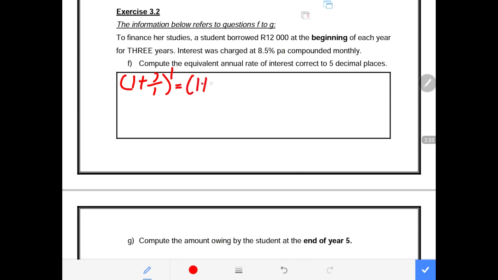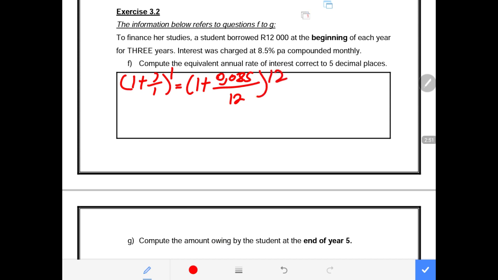So that will be 1 plus 0.085 divided by 12, because there are 12 compounding periods in a year, to the power of 12.